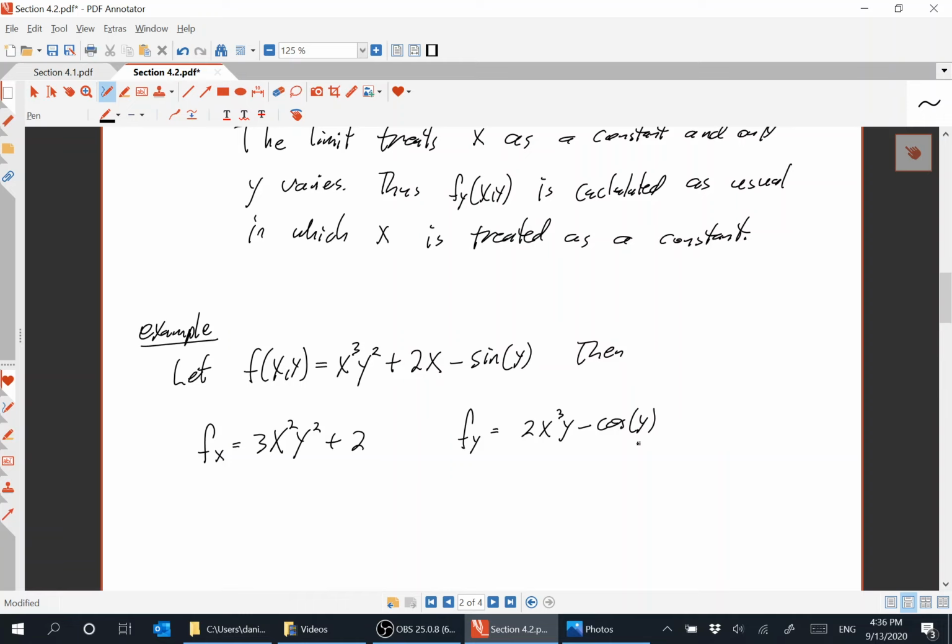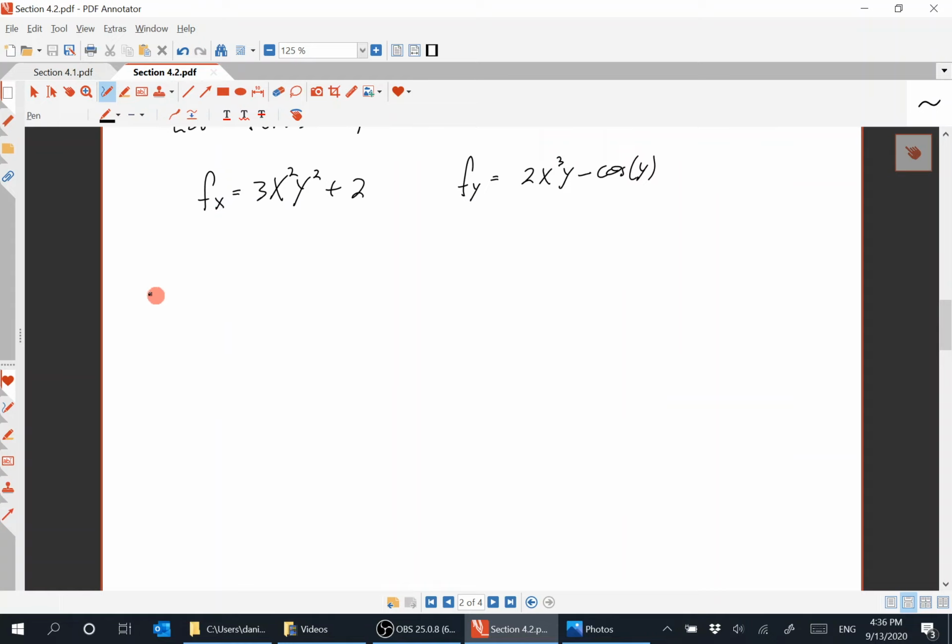Right? So calculating these partial derivatives with respect to x and with respect to y, it's the same as what we have done before. There's no difference. Just you have another letter you have to account for while working the derivative, and just make sure you treat that one as a constant.